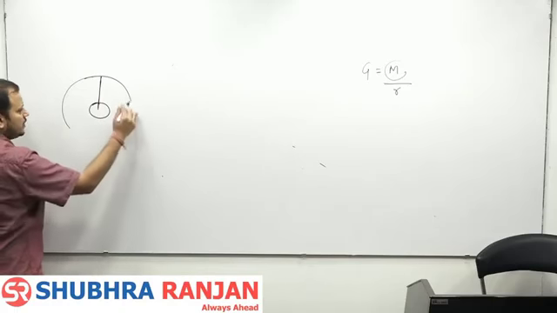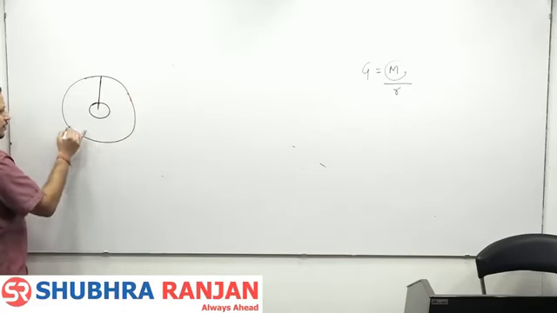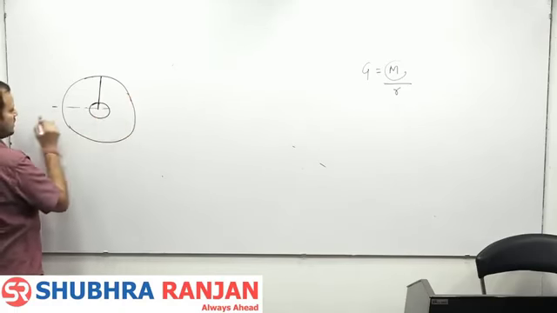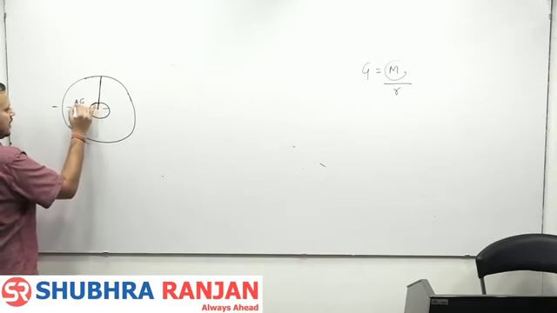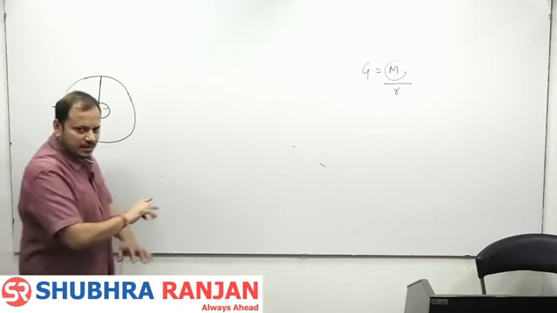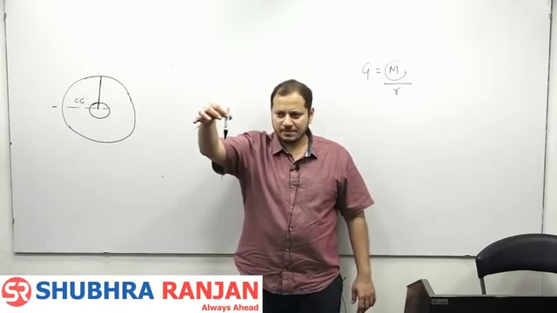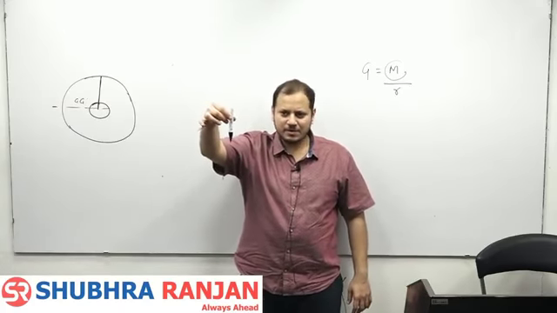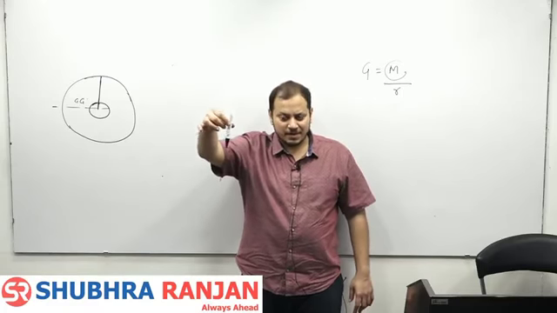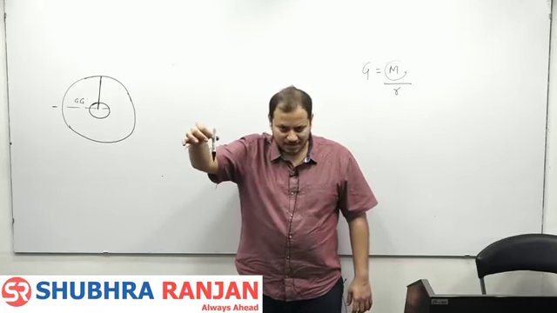It will always, this plumb bob will always point at the center, and this is the center of gravity. CG I am referring to. Fine? So imagine ek plumb bob liya maine and I am suspending it here.